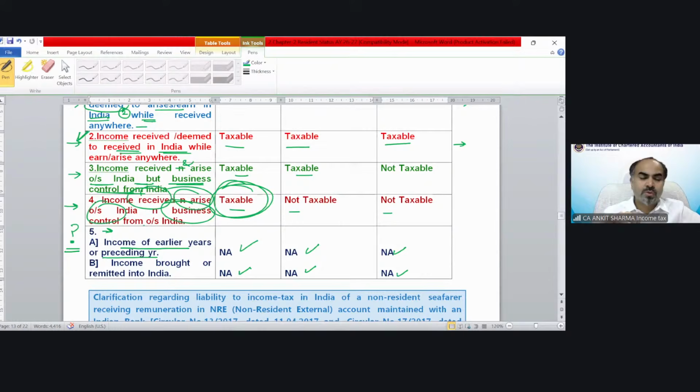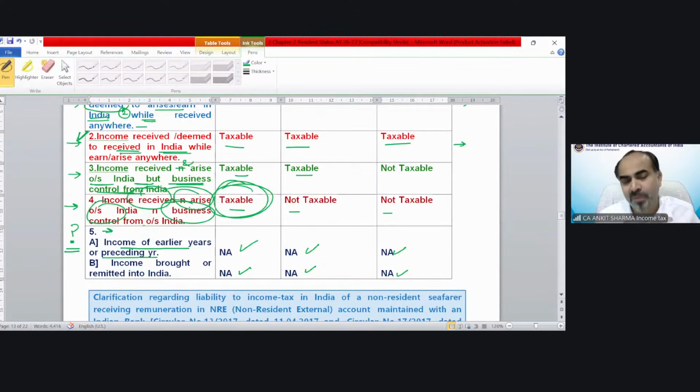Now suppose the question says there is 5 lakh rupees income which has arisen in India in previous year 23-24 and was not taxed in that year. So if the question says this is the income of preceding year, untaxed income, not taxed income, then maybe you will feel that we should tax it. Please don't do anything.